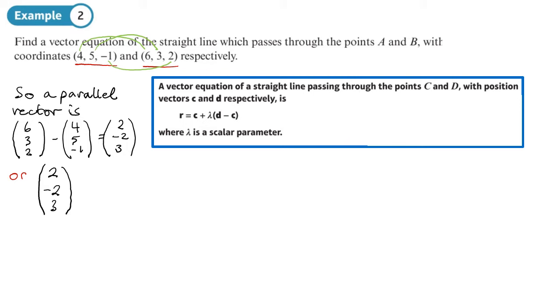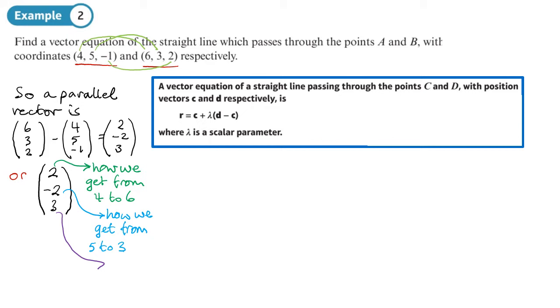Just to show you what's happening there, that 2 is how we get from 4 to 6. This one here was how we get from 5 to 3, and the one at the bottom was how we get from negative 1 to 2. So that's another way of doing it.